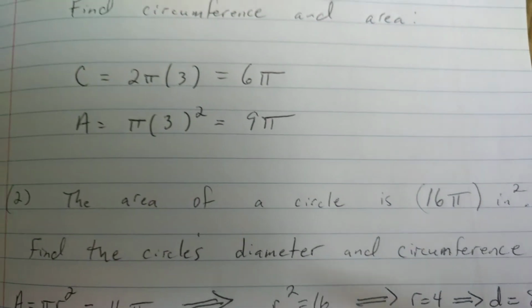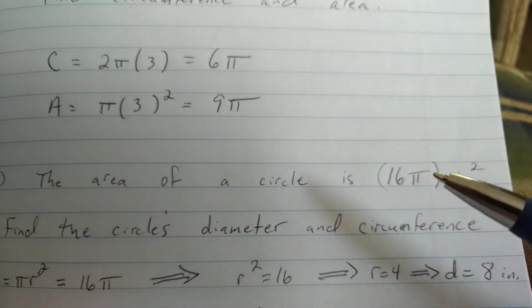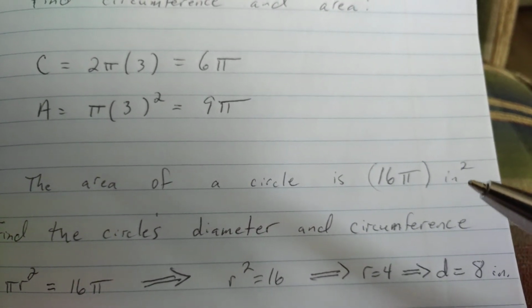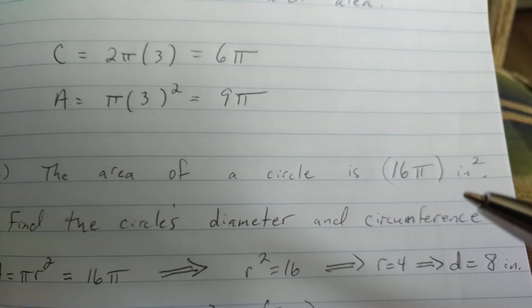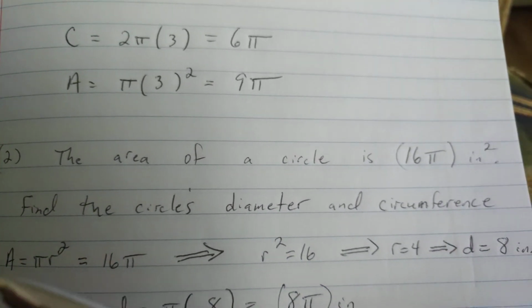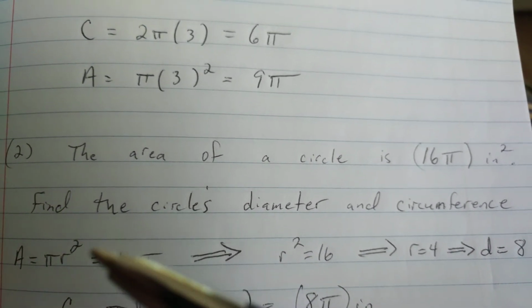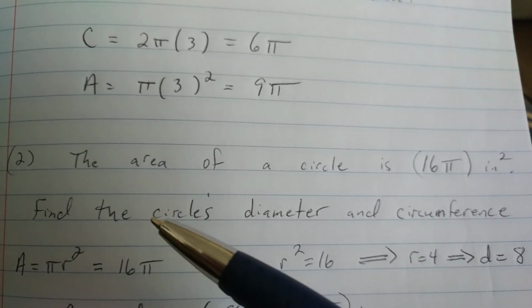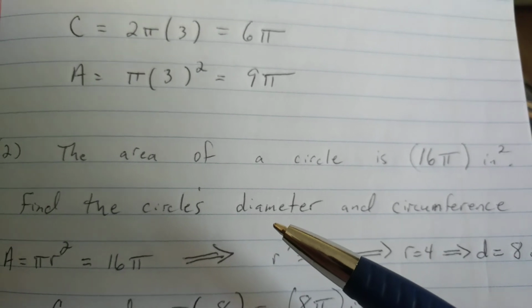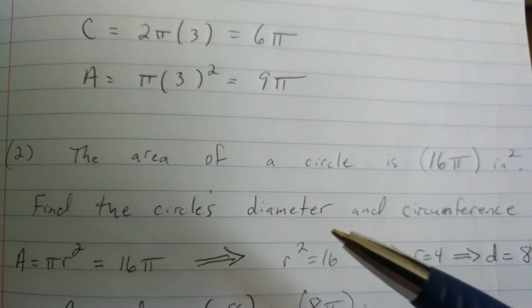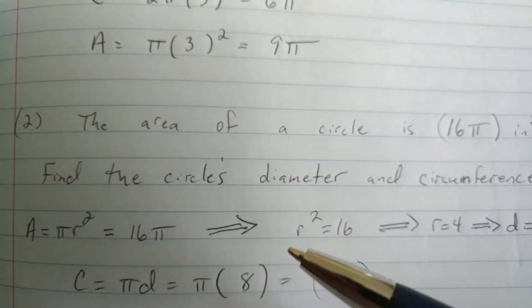Number 2, slightly different type of problem. They give me the area of a circle is 16 pi square inches. The area is given, 16 pi square inches. And the problem's asking me to find the circle's diameter and its circumference.